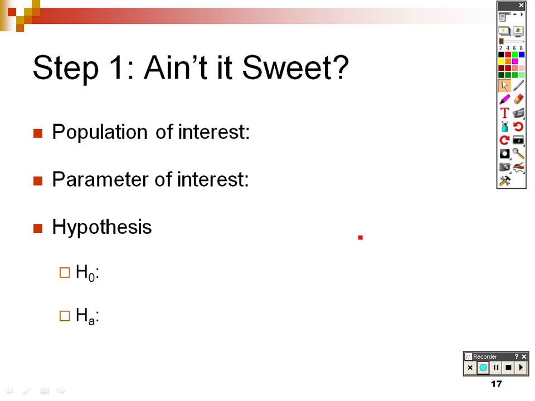And so our population is going to be as specific as we can. We don't just want to say cola. We want to say it is sweetness level differences. Okay, and then our parameter of interest is going to be the mean difference.